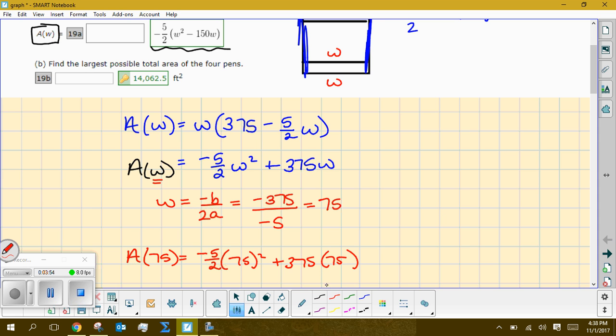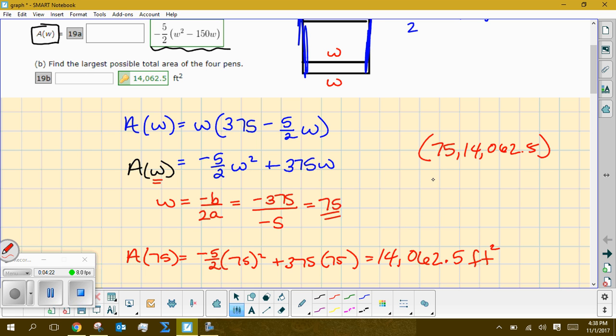I'm going to save a little bit of time, but that will produce 14,062 and a half square feet. So what's nice about this is that W is the width in which the maximum occurred, and that maximum area then is 14,062 and a half.